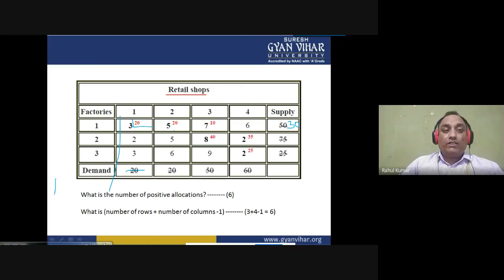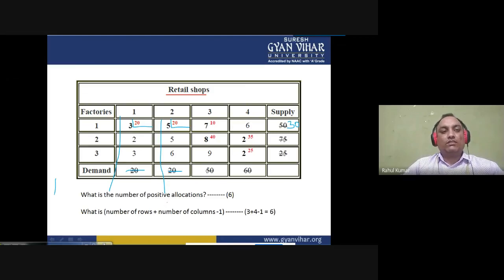Then what will we do here? Take 20 for the allocation. This 20 and this 20 will get 0, and this column is also cancelled.